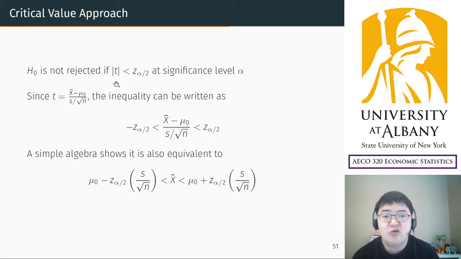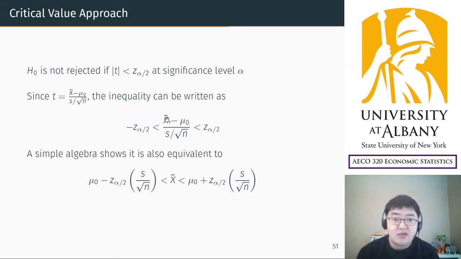So this inequality can be written as, so this is the condition to accept H0, to not reject H0, and then it can be written as this. So t statistic must be between plus minus z, and t itself can be replaced by this.